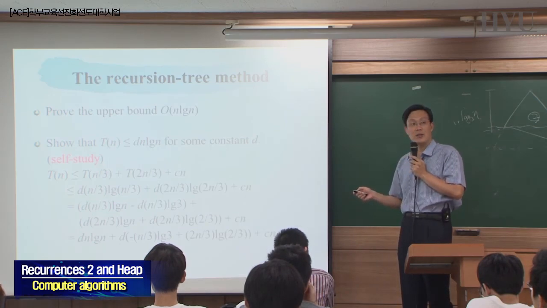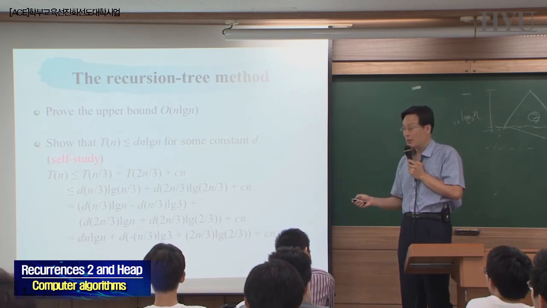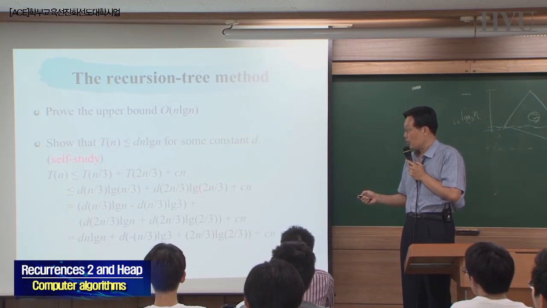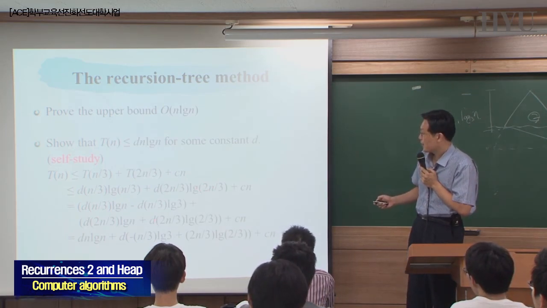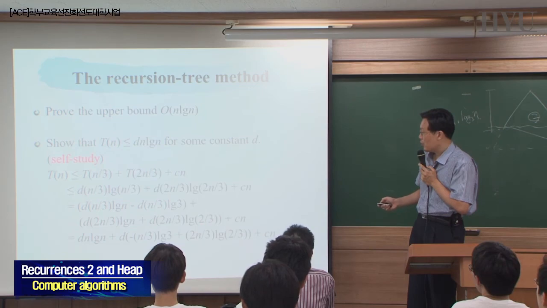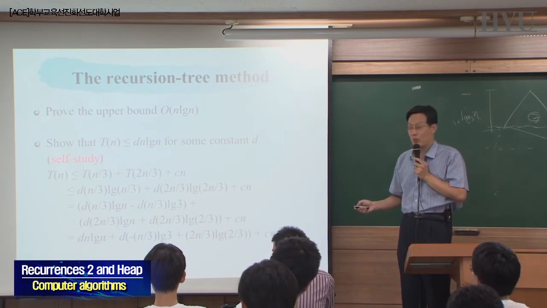By using the property of logarithm, this division is replaced by subtraction, and this multiplication between 2/3 and n we can get this.